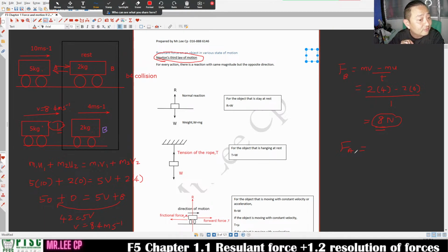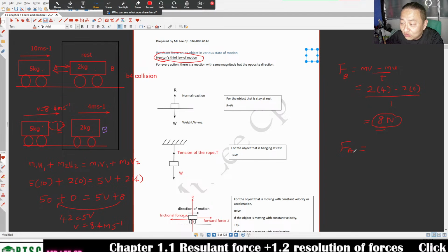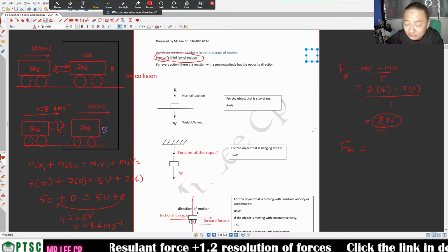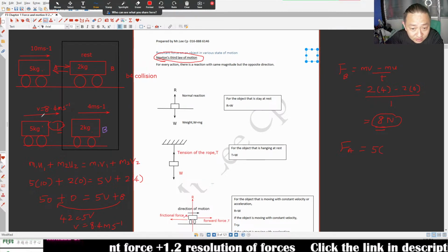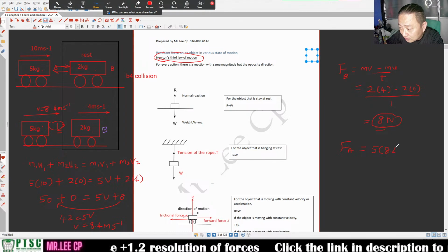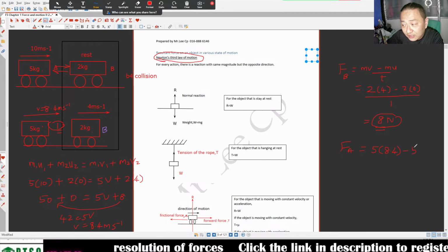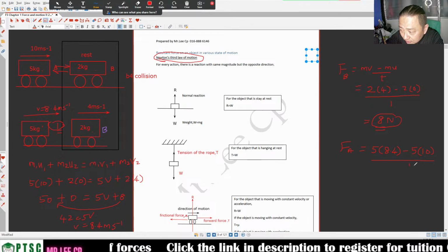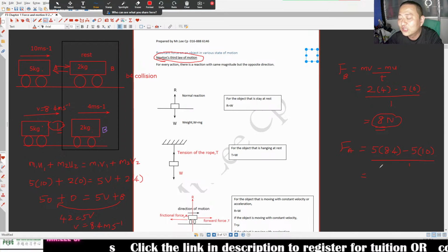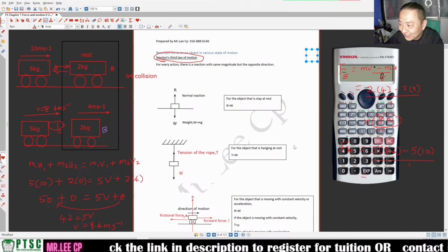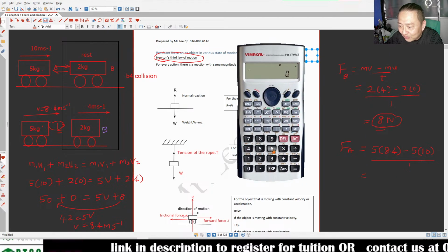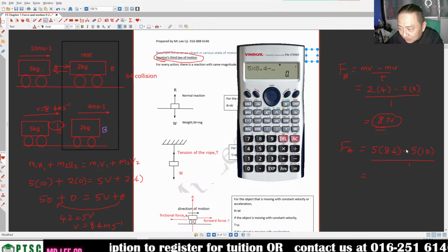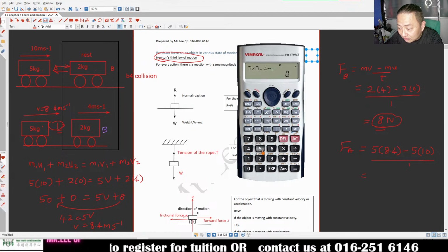Then we calculate the force of trolley A. Force of trolley A is m, 5 kg, v, 8.4, minus m, 5, u, 10, over t, 1. This one is a bit difficult, so we use the calculator. 5 times 8.4 minus 5 times 10. 5 times 10 is 50.